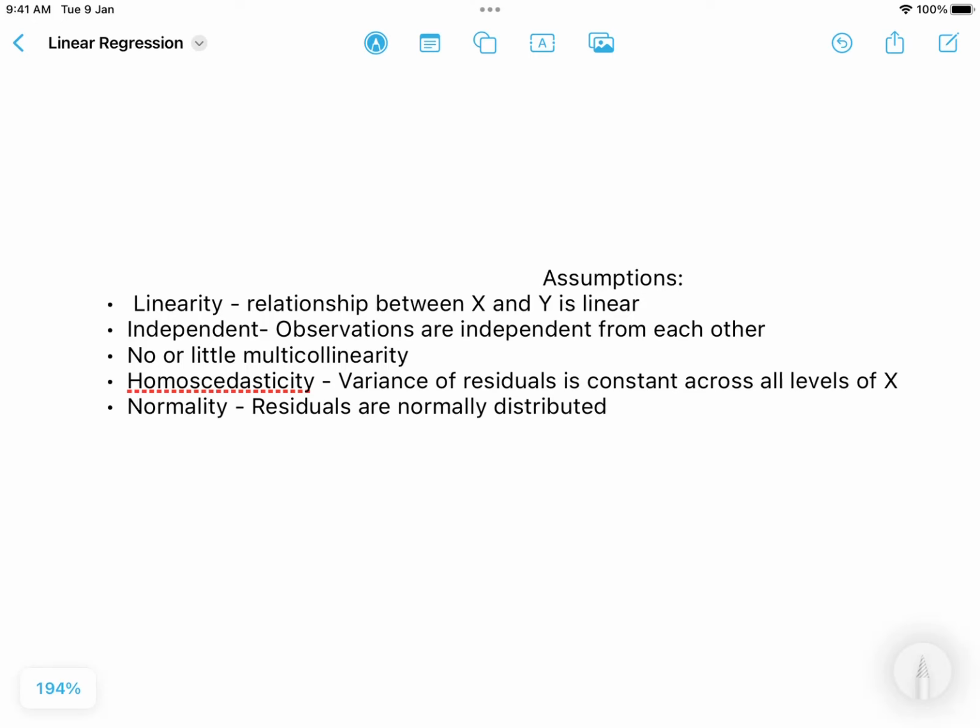Because they would be autocorrelated, they can't explain the variability. So this is multicollinearity.